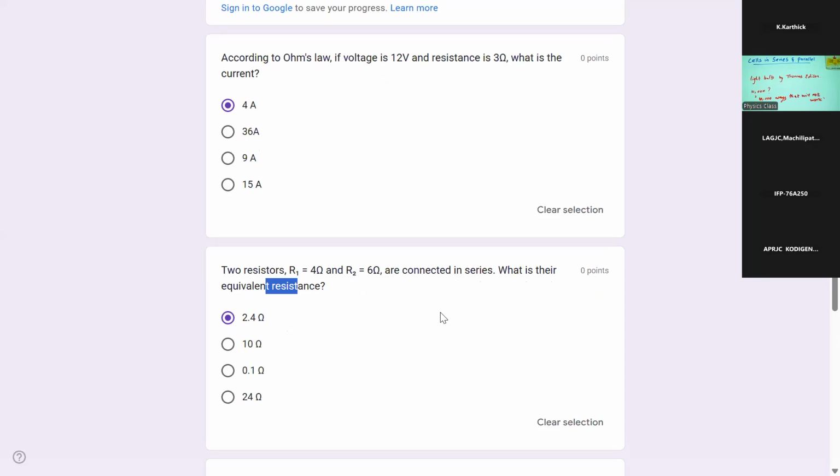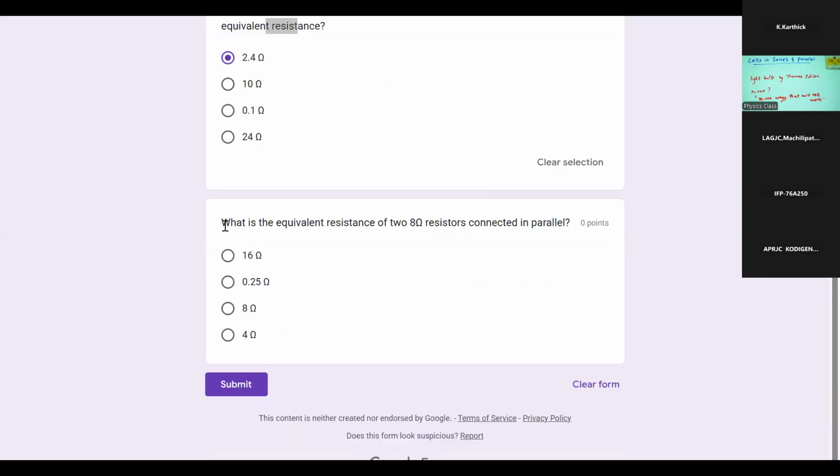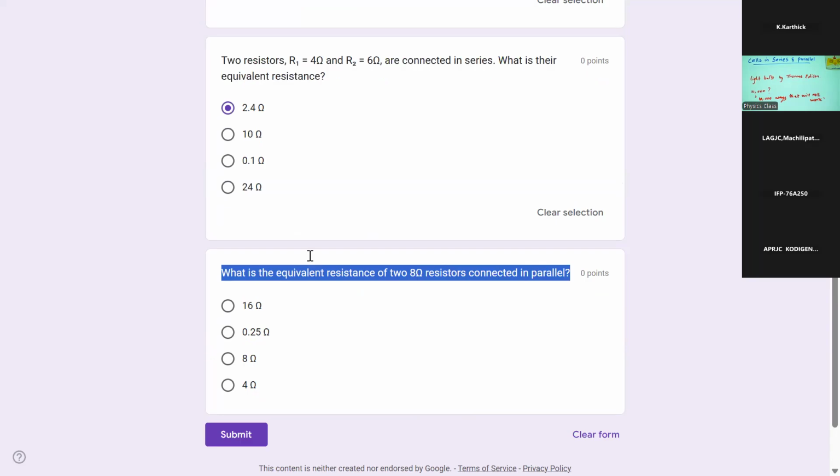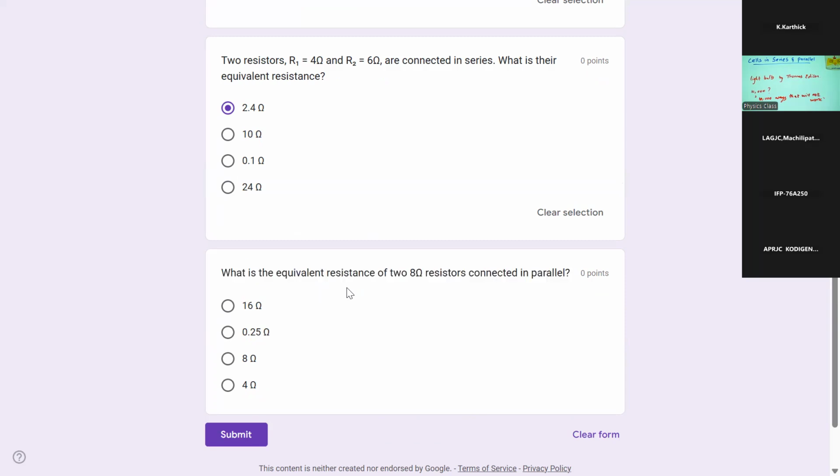And the final one, what is the equivalent resistance of two 8 ohm resistors connected in parallel? So the previous question belongs to the series connection. This question belongs to the parallel connection. So you have to know the equivalent resistance formula of resistors in parallel connection. What is the equation and what is the formula? Option B, 0.25 ohm.